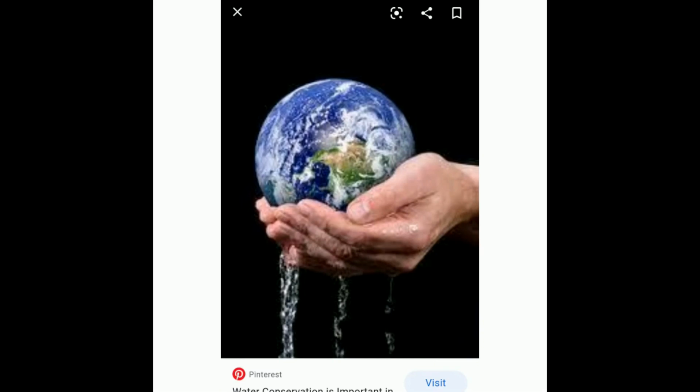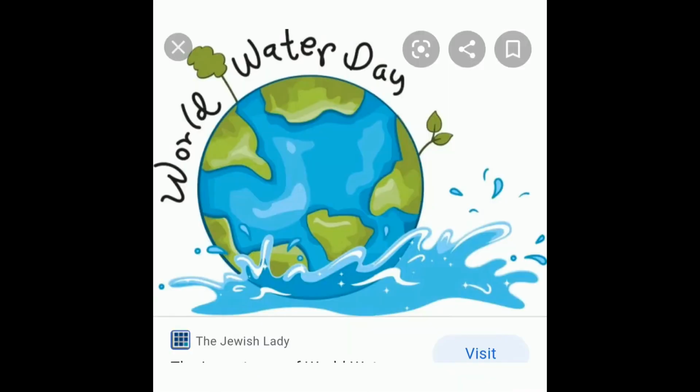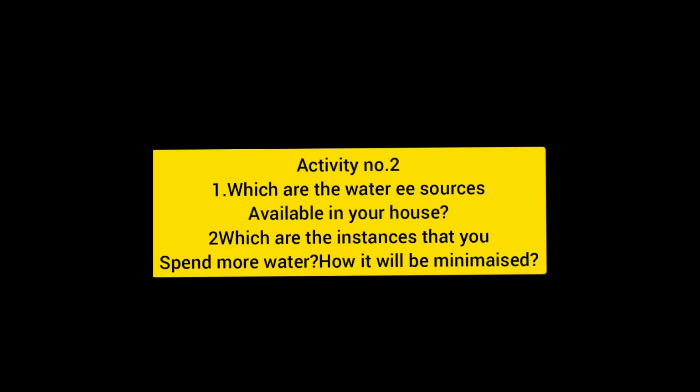How will you spend water in your home? Which are the occasions that you consume more water than you need? So you may waste this precious resource, isn't it? Let's do our activity number 2. Which are the water resources available in your house?